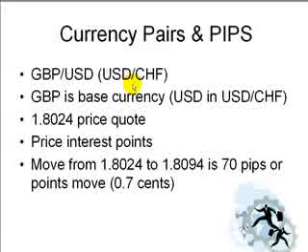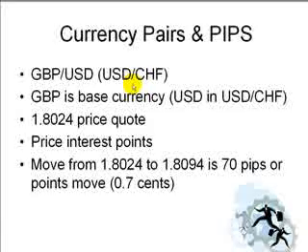Notice that in GBP/USD the pound is the base currency, and in USD/CHF, Swissy, the dollar is the base currency. So sometimes the dollar will appear as the base currency and sometimes it won't.